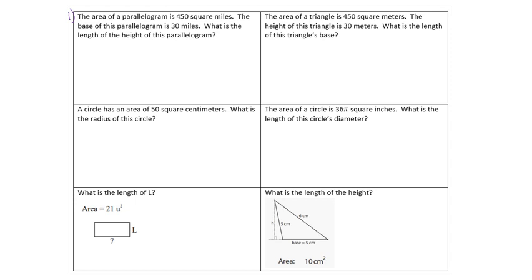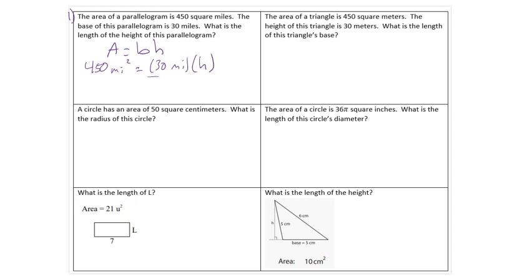So the base is 30, and it's a parallelogram, so we are using area is equal to base times height. We know that the whole area is 450 square miles. That's going to equal 30 miles times the unknown height.